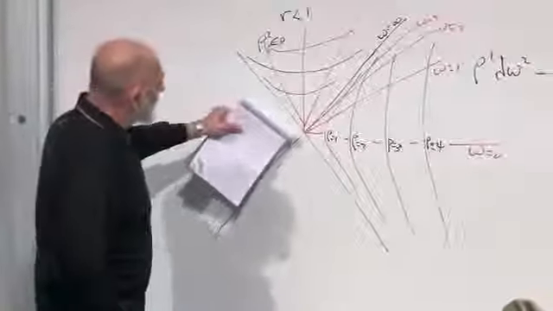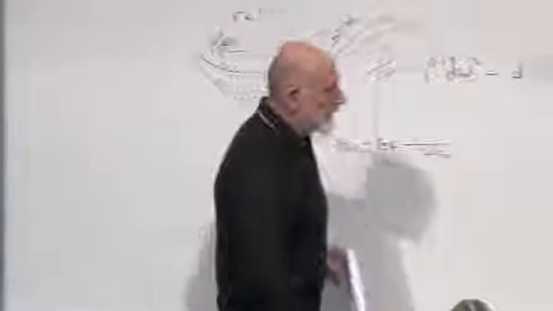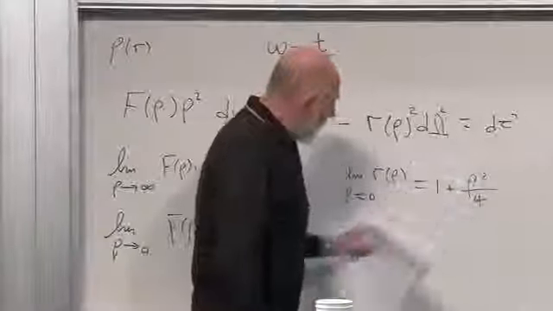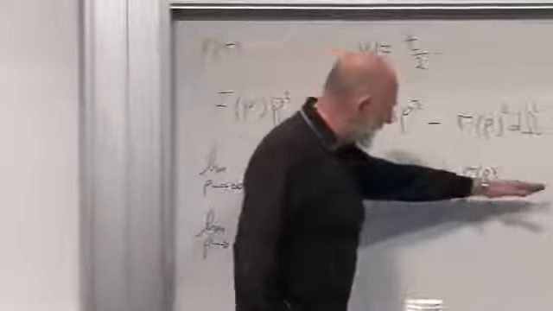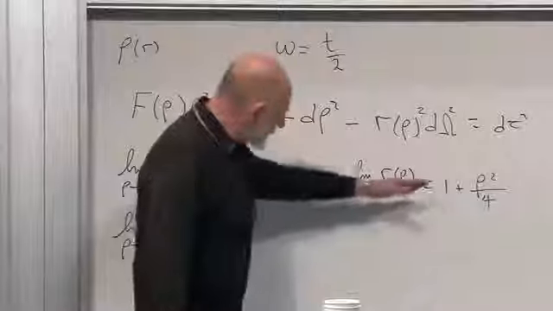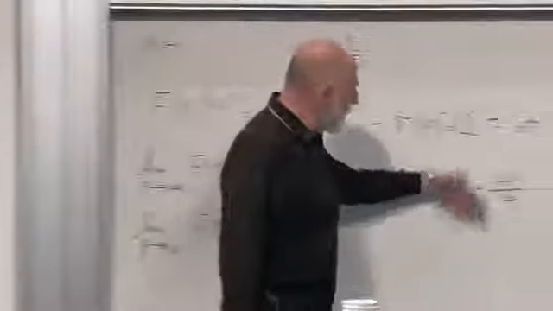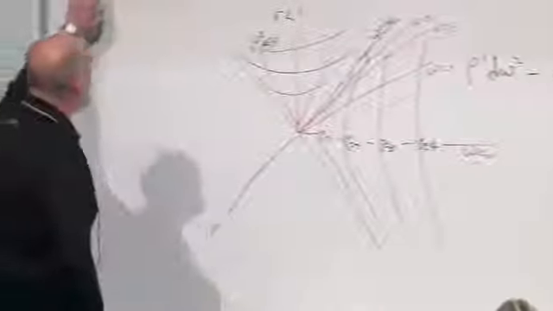Now, this was rho equals 0, but r equals 1. What happens as we move up into here is that r decreases. Rho squared is negative in that region. So as we move into this region, r gets smaller and smaller. We get 1 plus a negative quantity, and as that negative quantity increases, r gets smaller and smaller.